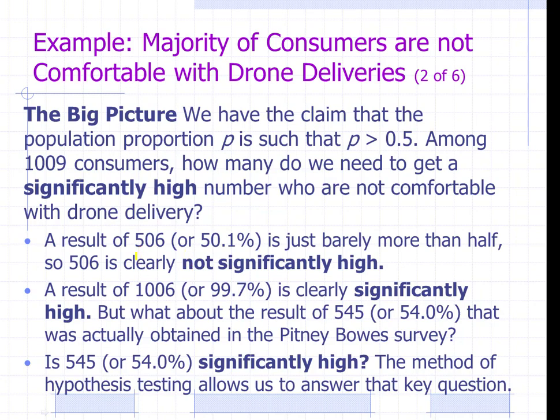So here we go, 506 is just a little bit more than 50%. That's not very far from 50%. But if we got 1,006 out of 1,009 who said they didn't like it, then that would be significantly high. But what about our results? So let's go on.